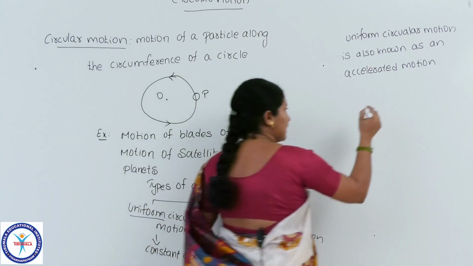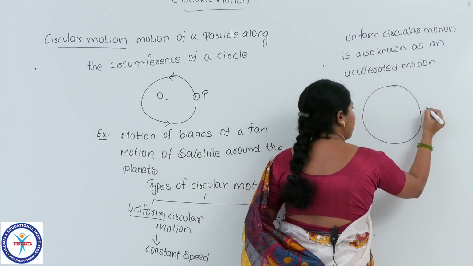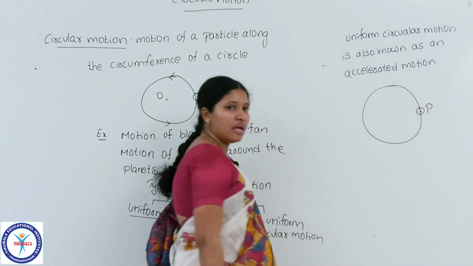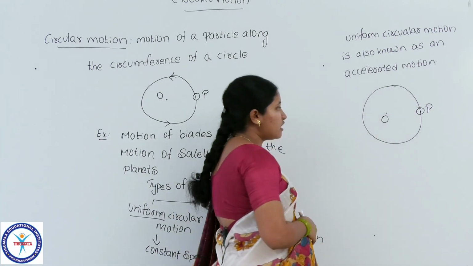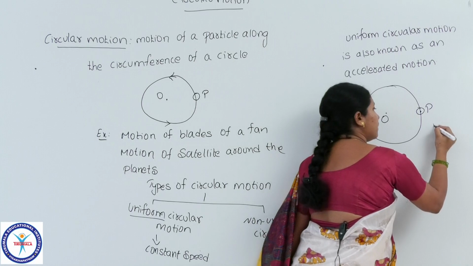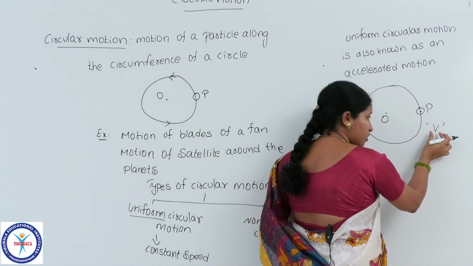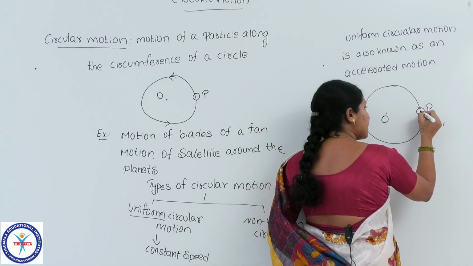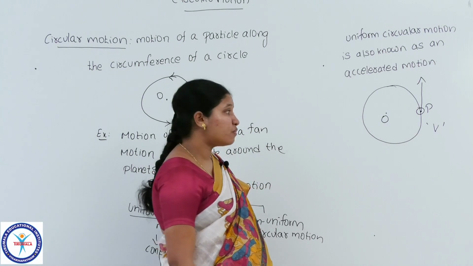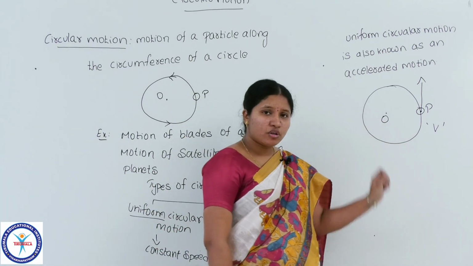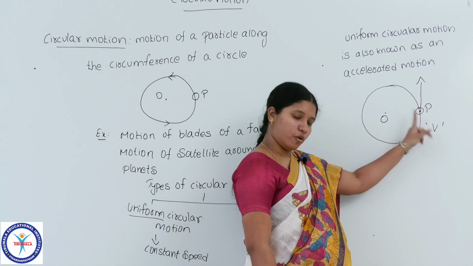Consider a circular path and a point particle P, and O be the center of the circle. At this point let the speed of the particle be v. So the magnitude of the velocity is v, and what will be the direction? Tangential to that point. When a body is moving in a circular path, the direction of velocity is nothing but the tangential to that point.